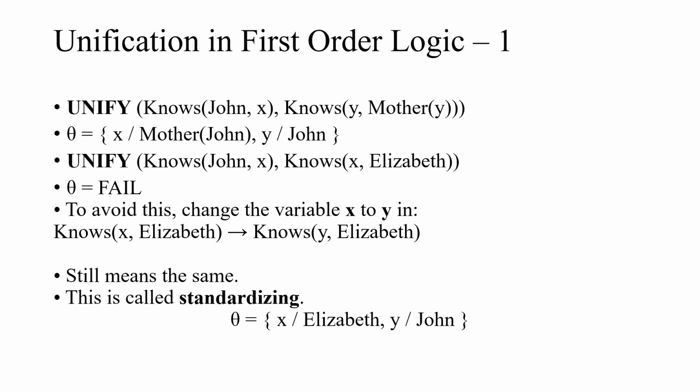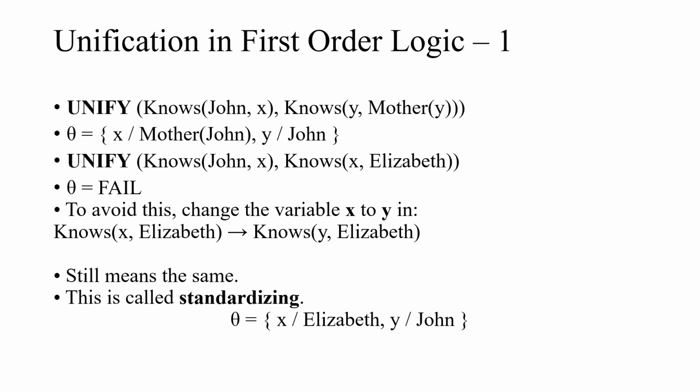This is the condition for using that. So this is one of the possible ways. This is the exact statement, Knows(x, Elizabeth) and Knows(y, Elizabeth). These kinds of things we should avoid, like the standardizing technique.